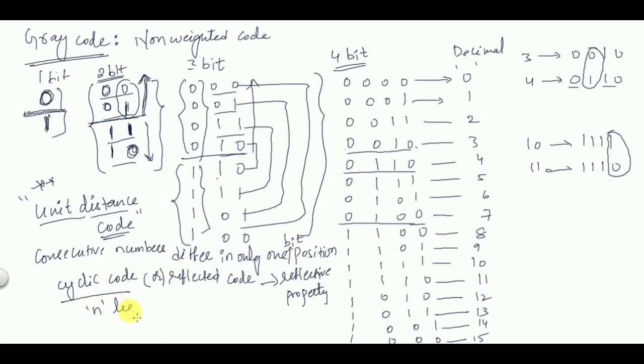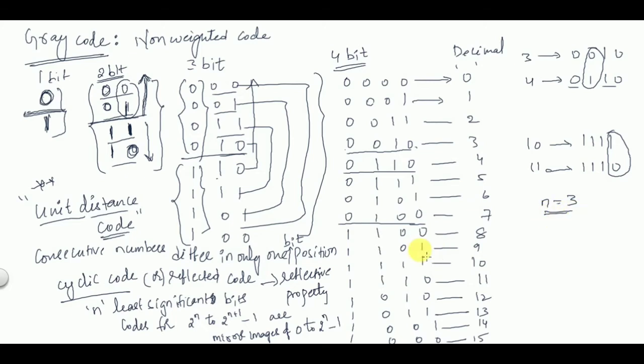So what is a reflected code? For n least significant bits, the codes for 2 power n to 2 power n plus 1 minus 1 are mirror images of 0 to 2 power n minus 1. Suppose n is equal to 3, so 3 least significant bits.